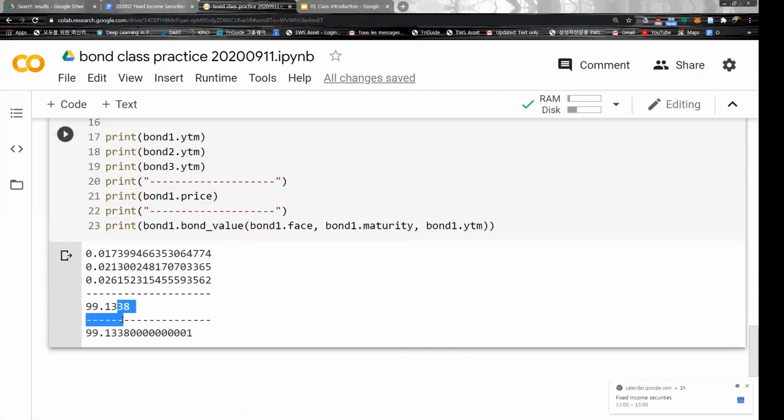So they are almost the same. From the input variables, using our YTM, I reconstruct the bond price again, and we have a consistent value. And then we can check others as well.